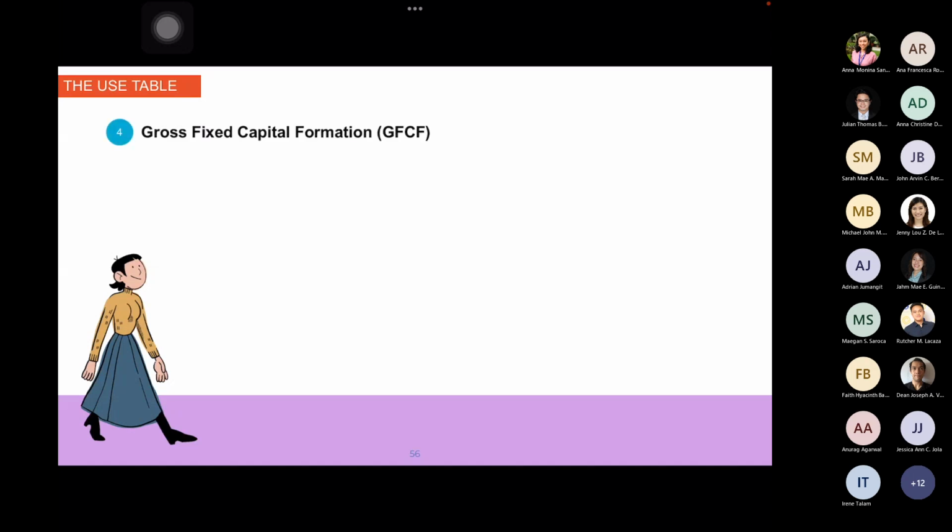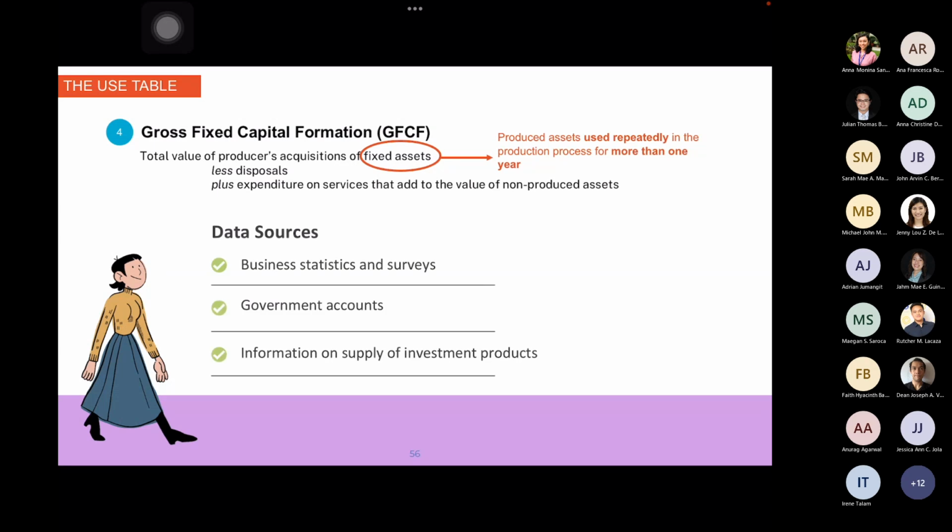So next, we have gross fixed capital formation or GFCF. It is defined as the total value of producers' acquisitions of fixed assets, less disposals, plus the expenditure on services that add to the value of non-produced assets. So data sources can be through the use of the following. We have here the business statistics and surveys, which can contain information on purchases and sales of capital equipment.